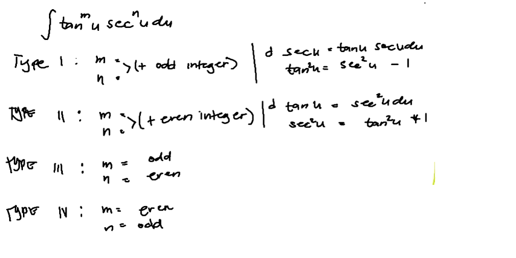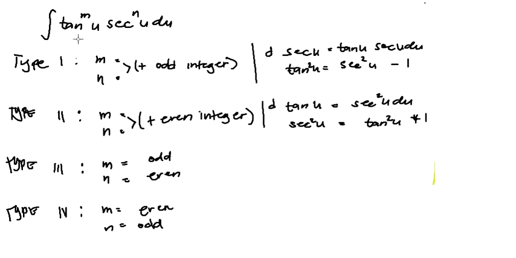Hi. So once again, let us take another example regarding the integration of the combined functions. Last time we discussed type 1, wherein we have the combination of tangent u and secant u du, where m and n are both positive odd integers.